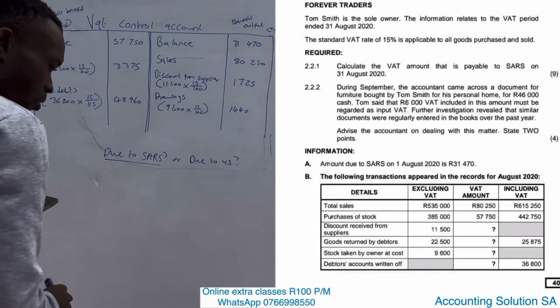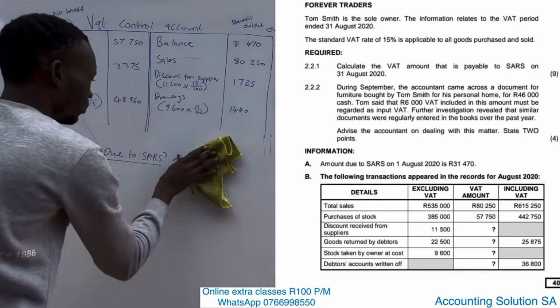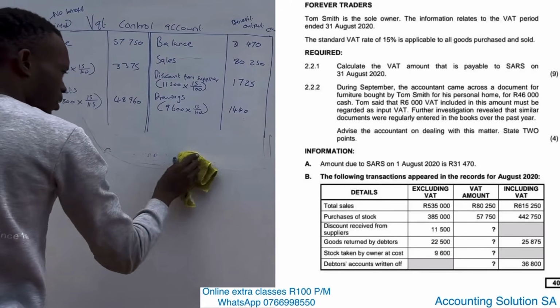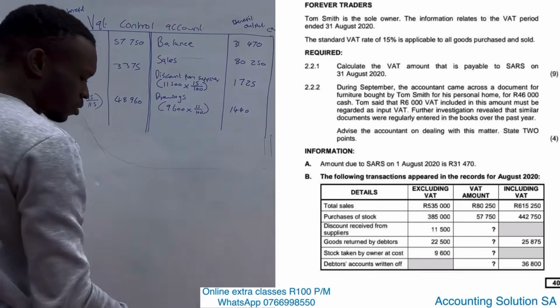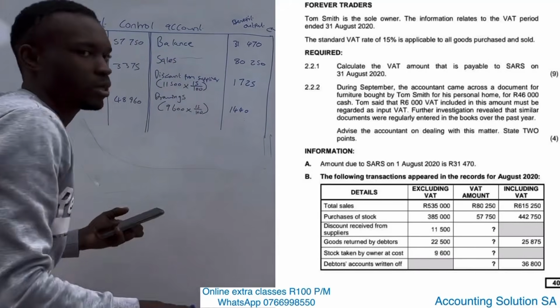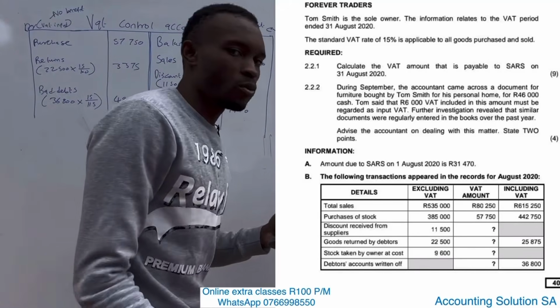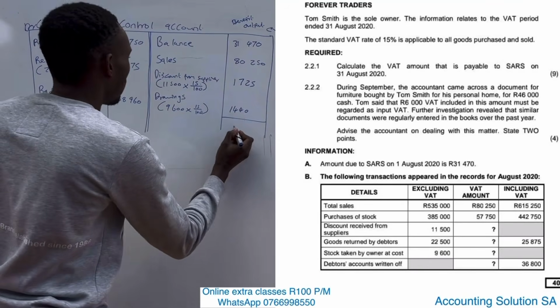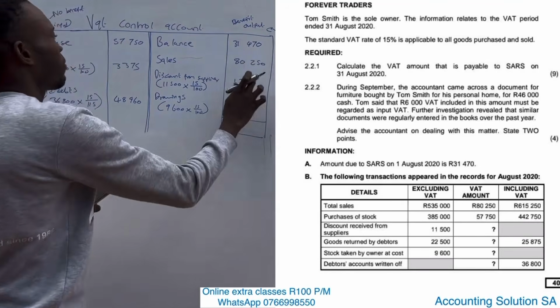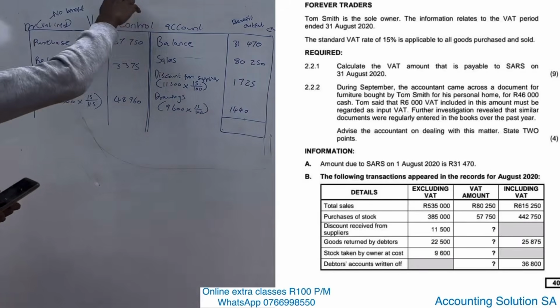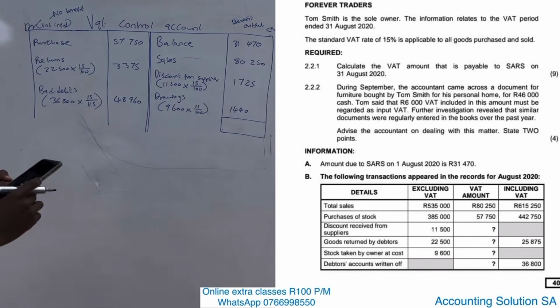Okay, in order for you to calculate whether the amount is due or receivable, because the question said it is payable, already we know that this side is the higher one, because you can see we have 80,000 here. It's not closer to any of these. Okay, however, let's calculate.